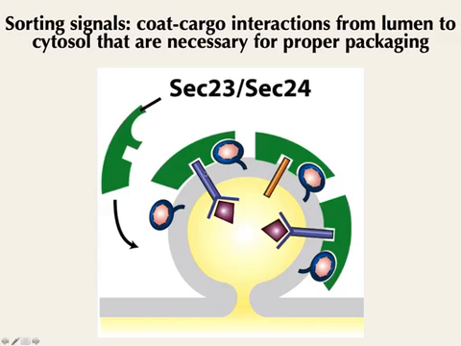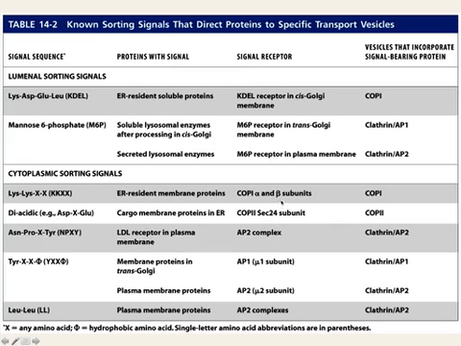So just a few words about the sorting signal. If they are soluble, I said that before, they need a transmembrane receptor which will help them connect with the coat. Okay, so here they are. I'm not in love with these tables, so I'm just going to go through them more or less quickly.